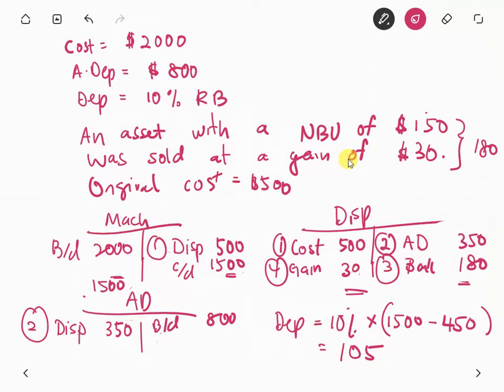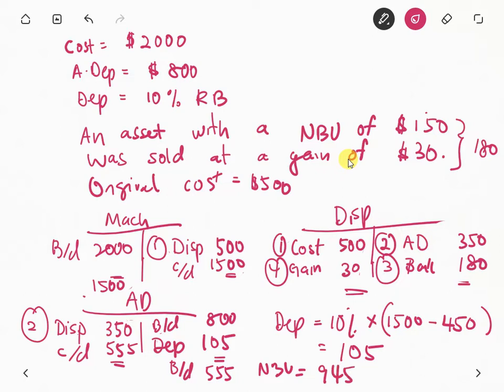Closing cost, closing net book, closing accumulated times 10% depreciation. Done. Carry down, brought down. 245. 555. Net book value will be 945. Done. Okay, 15 minus 555.